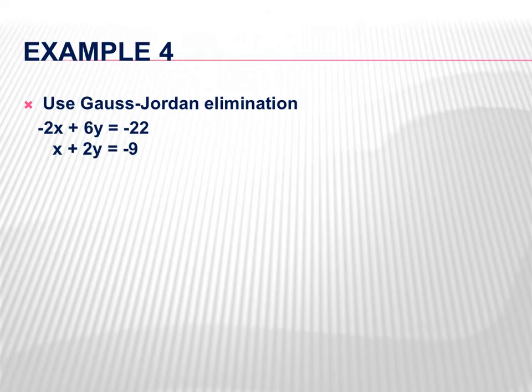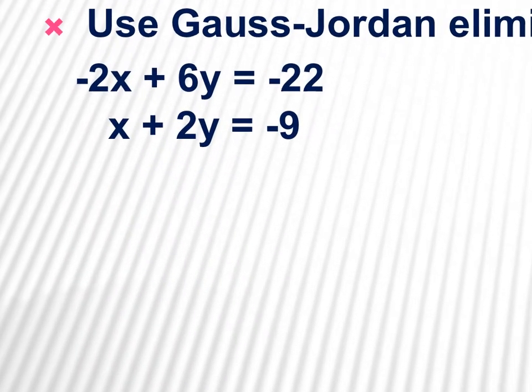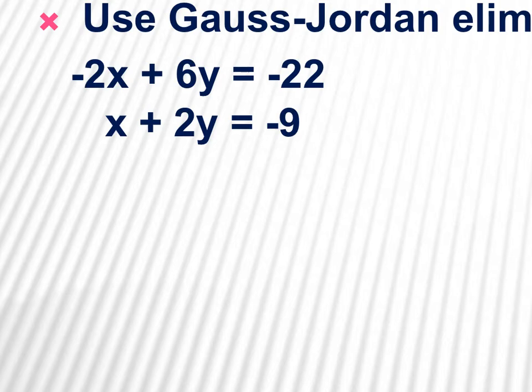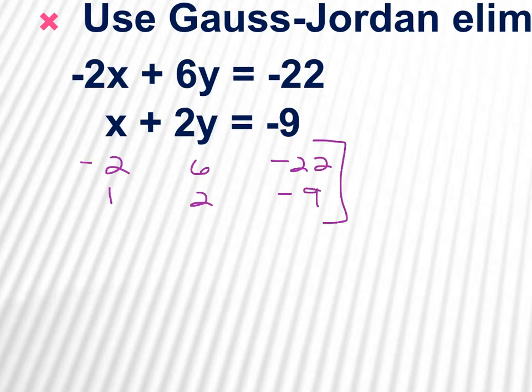All right, so let's start with the 2 system. Step 1, write the matrix. -2, 6, -22, 1, 2, -9. What could you do first?